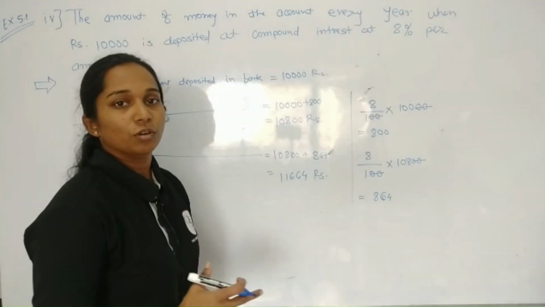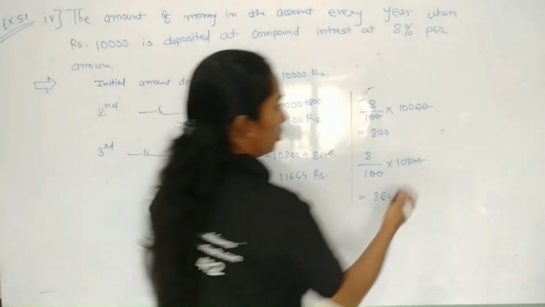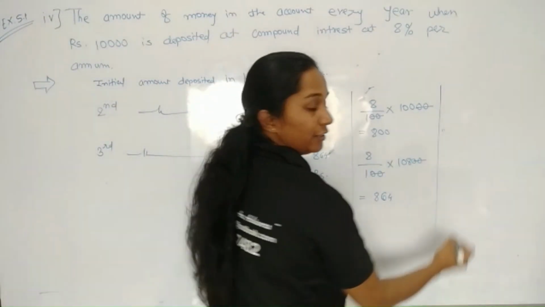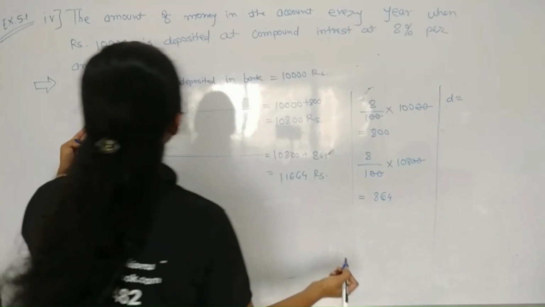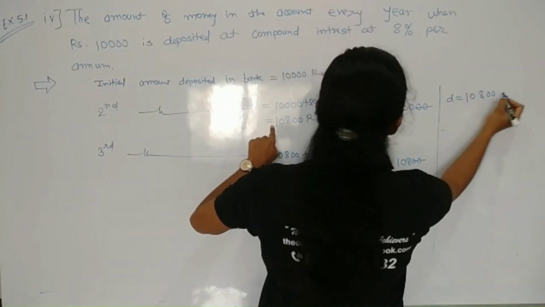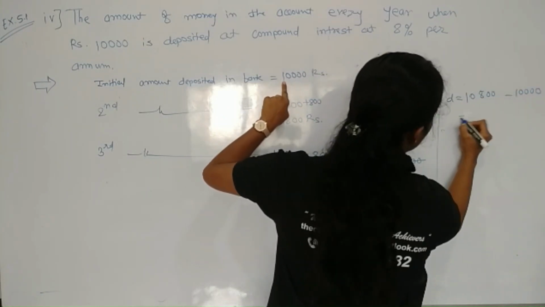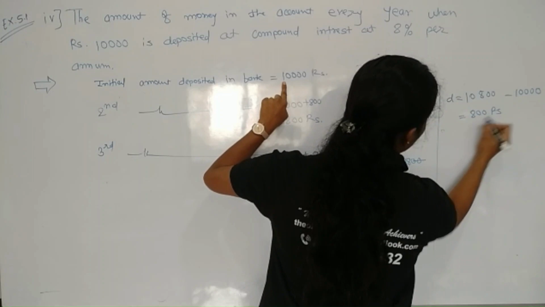Now we are going to calculate the distance, to see whether it is common or not. Distance is the second term minus the initial, which means 10,800 minus 10,000 is 800 rupees.